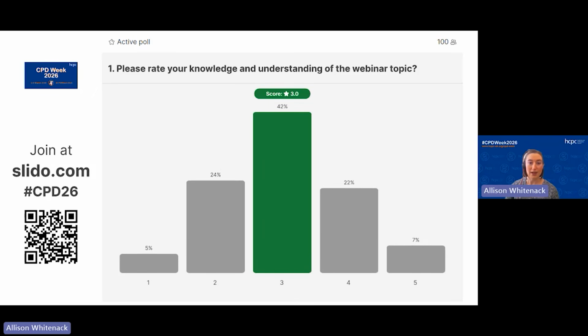Looks like we've got quite a range, but people are looking towards the middle. So 3 out of 5 stars. Some people on either ends of the middle. All right, I think we're going to move on, but definitely keep voting. It's really encouraging to see some folks who are in the 4 and 5 stars. But it's also great to see that people have a lot to learn, and hopefully some of you will feel more confident by the end of this session.